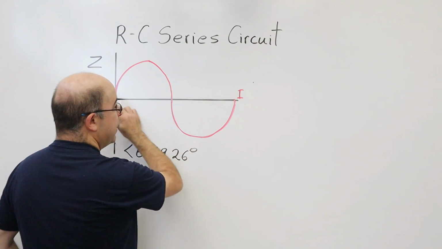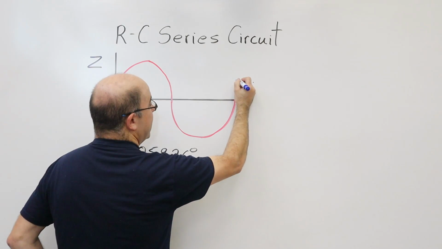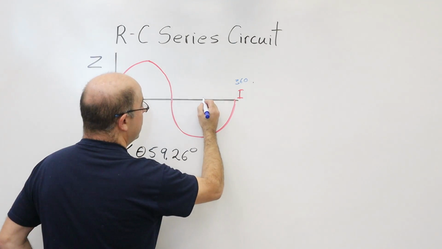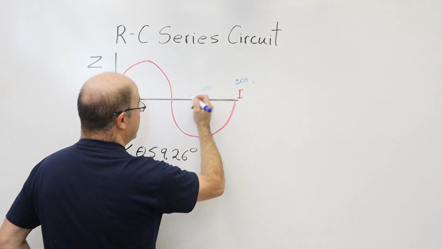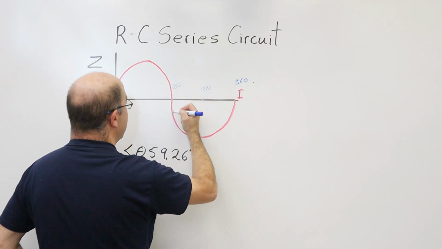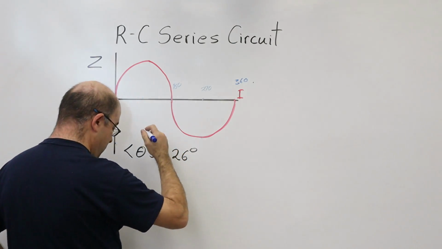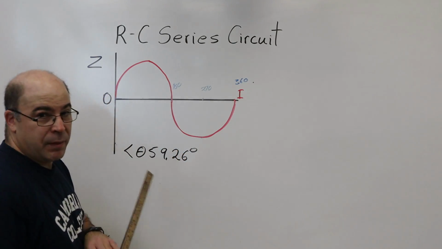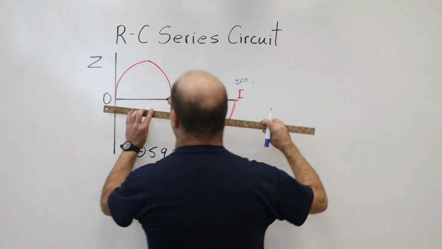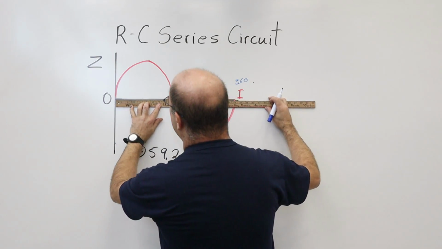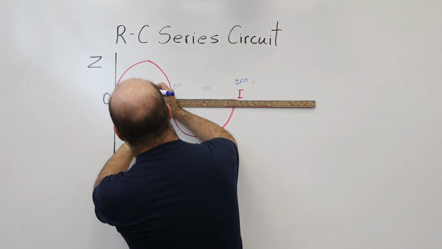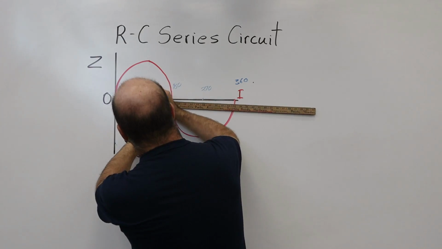We know that this is a full 360 degrees. In the middle, 270, 180, and right about here, I'm going to use my ruler. Actually, right about here would be 90.